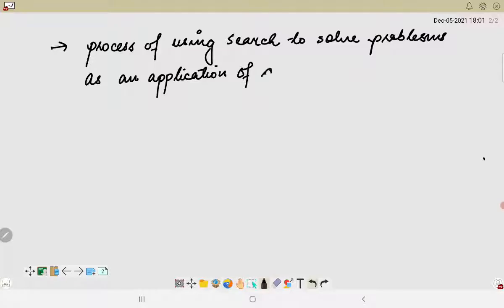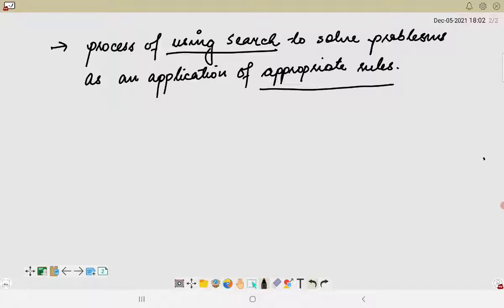If we look carefully into this particular definition, we will understand there are two major terminologies associated with it. First, we will be using search, and second, we definitely need to have appropriate rules based on which we can use that search in order to solve the problem.